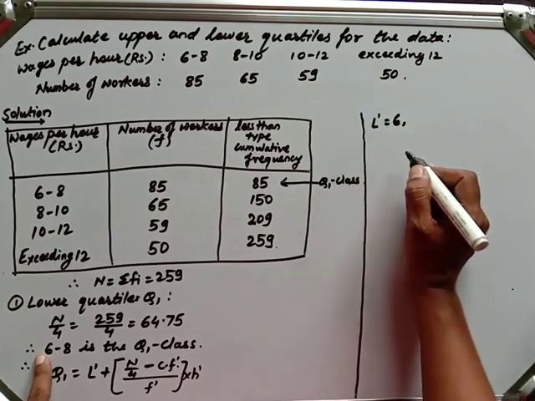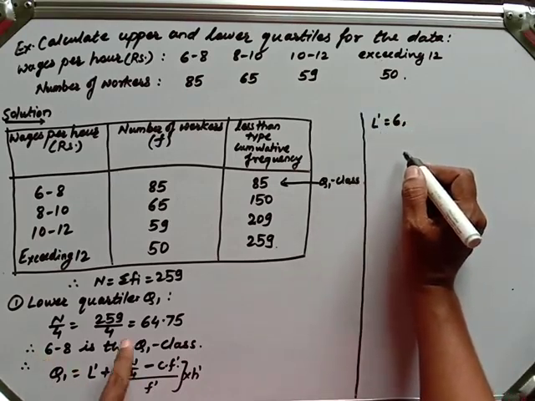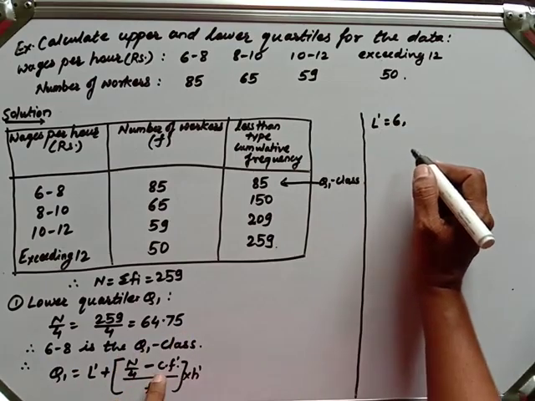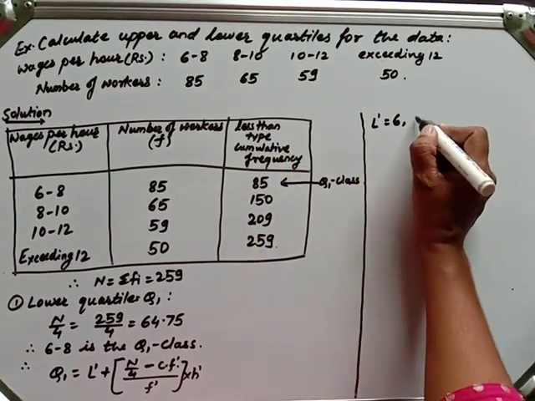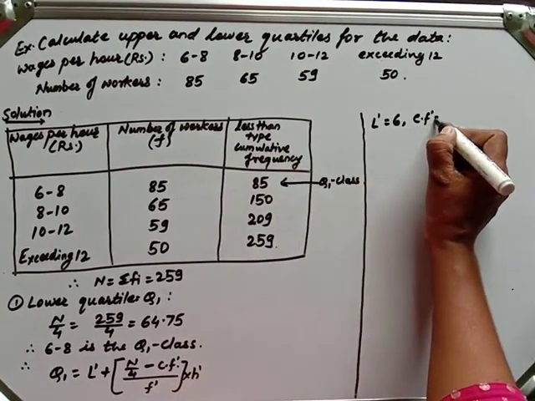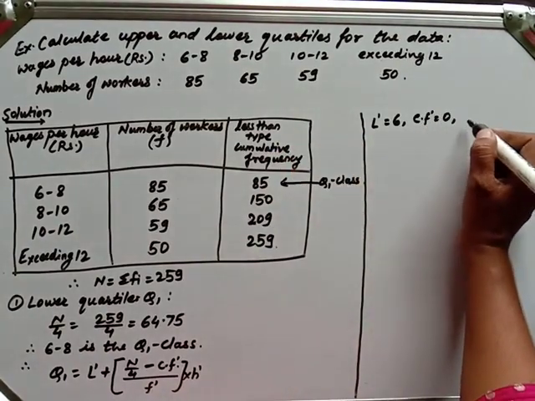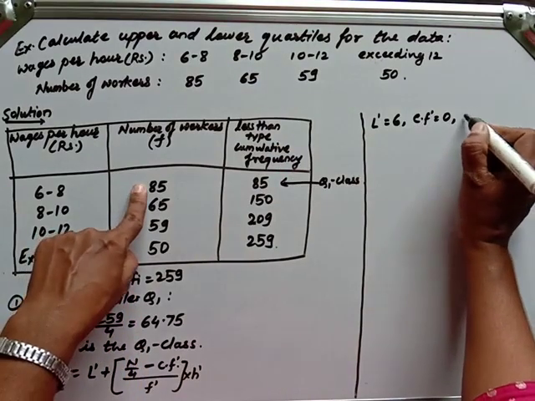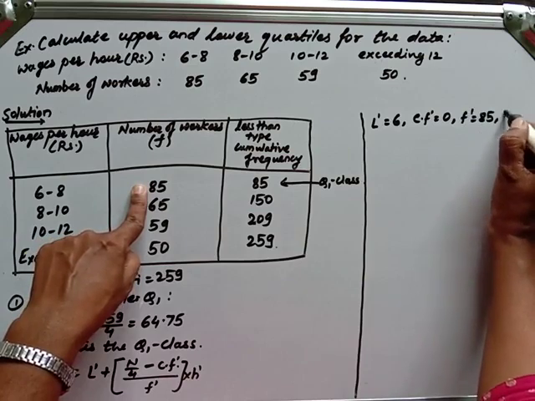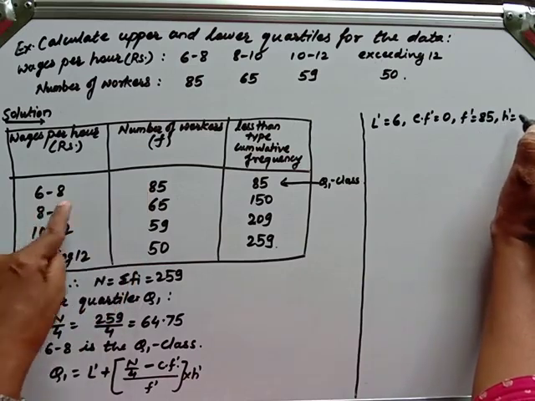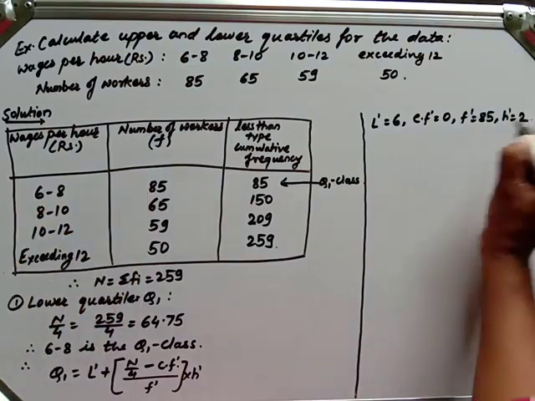Then n by 4 we have calculated. CF dash means the cumulative frequency of the previous class. Here that class is absent, so it is 0. Then f dash is the frequency of the same class, so f dash will be 85. And h dash is the same everywhere, it is 2.